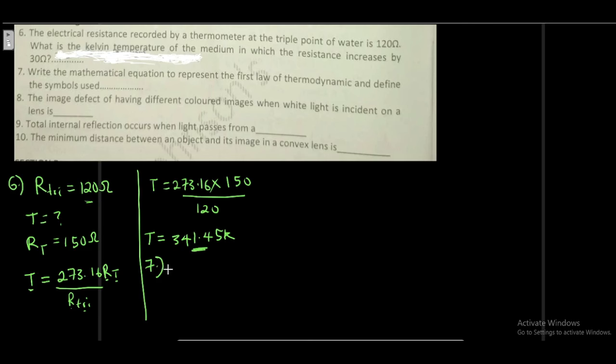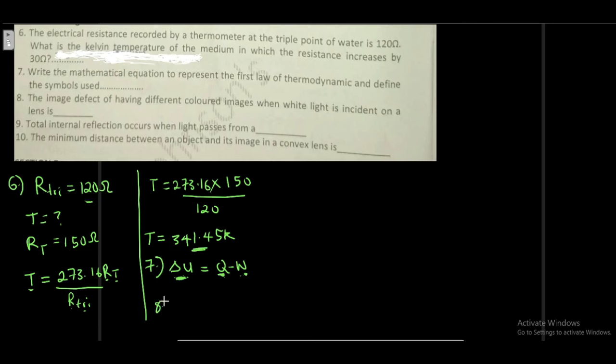The mathematical equation is delta U equals Q minus W, where delta U is the change in internal energy of the system, Q is the heat gained by the system, and W is the work done by the system on the surrounding. Please take note of what each term represents.